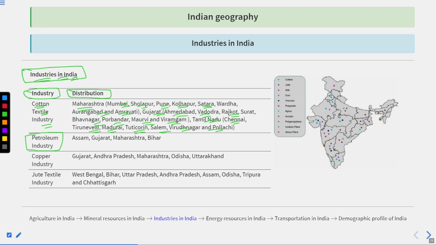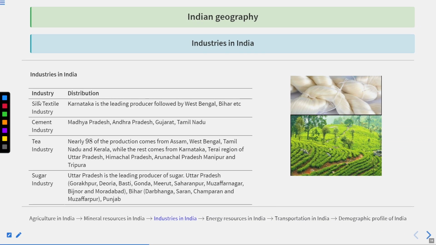Petroleum industry, Assam, Gujarat, Maharashtra and Bihar. Copper industries, Gujarat, Andhra Pradesh, Maharashtra, Odisha and Uttarakhand. Jute textile industries, West Bengal, Bihar, Uttar Pradesh, Andhra Pradesh, Assam, Odisha, Tripura and Chhattisgarh.